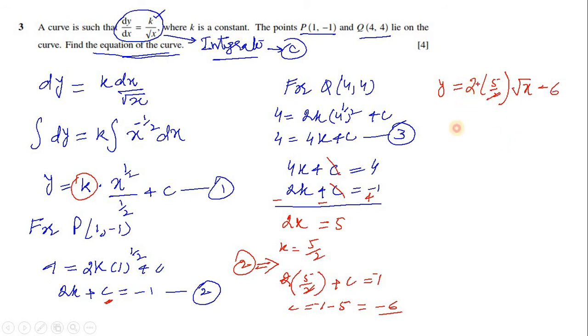So 2 cancel, so y is equal to 5 root x minus 6. So that's how you can find the equation of the curve.